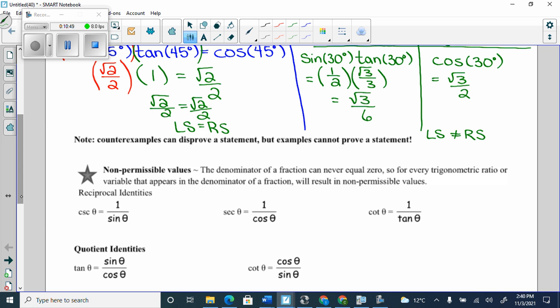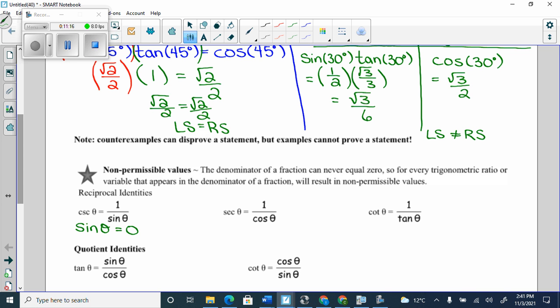So, for every trigonometric ratio or variable that appears in the denominator of a fraction, it will result in non-permissible values. So, if you have cosecant anywhere, you're going to get a non-permissible value because cosecant is 1 over sine. Okay? So wherever sine theta equals 0, we have problems.